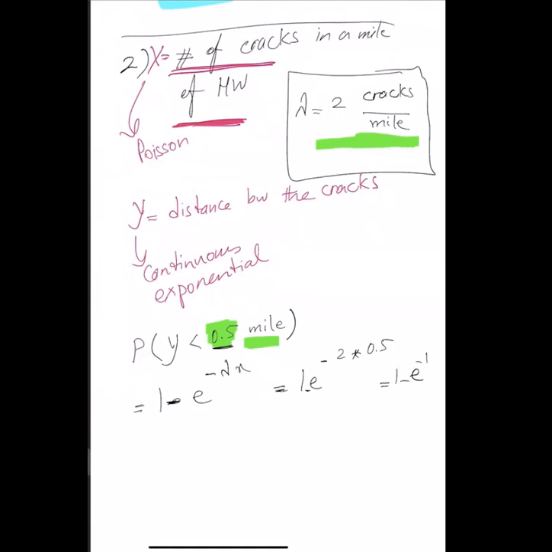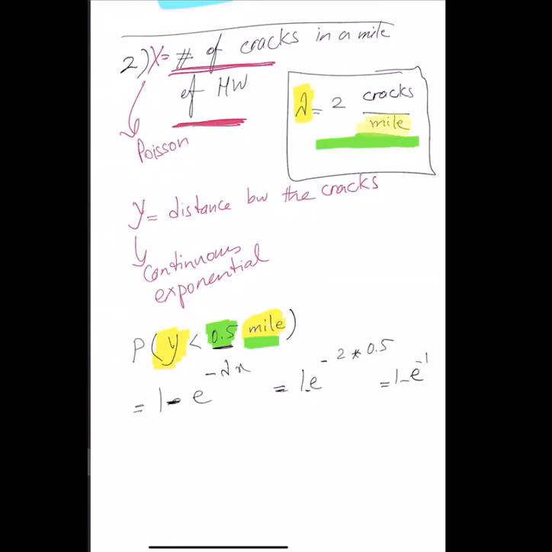And lambda is the average number of things that can happen in a time unit or in a unit of distance or a unit of space, whatever that dimension is. And all you have to pay attention to when you answer questions related to the exponential version of the problem is that if it asks you, what is the probability that, for example, the distance till next crack is less than this amount of miles, your lambda also should be in terms of cracks per mile.